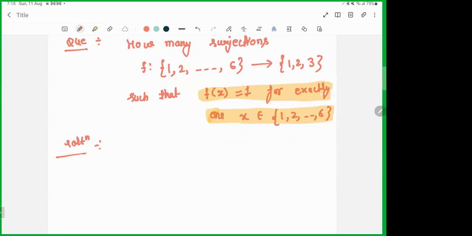Okay, so let me write what he is saying. Let's suppose x is equal to 6. Suppose x is equal to 1 or anything. x has 6 possibilities basically.